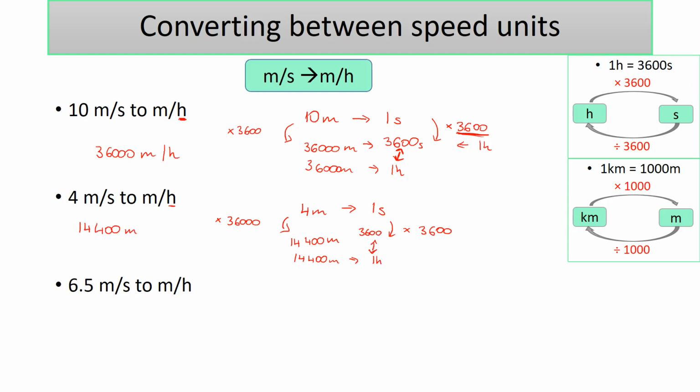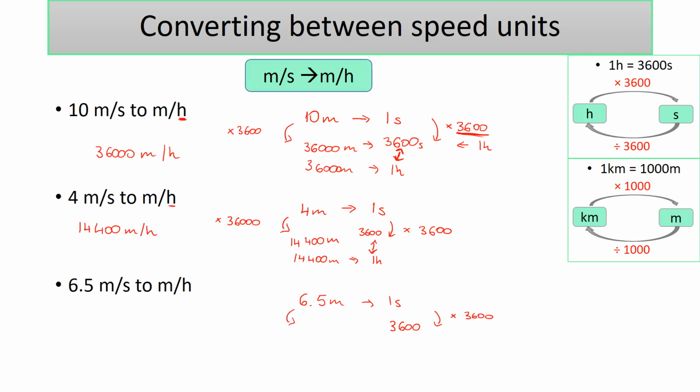14,400 meters per hour. And the last example, I have 6.5 meters in 1 second. So if I want to convert seconds to hours, I know there's 3,600 seconds in 1 hour.